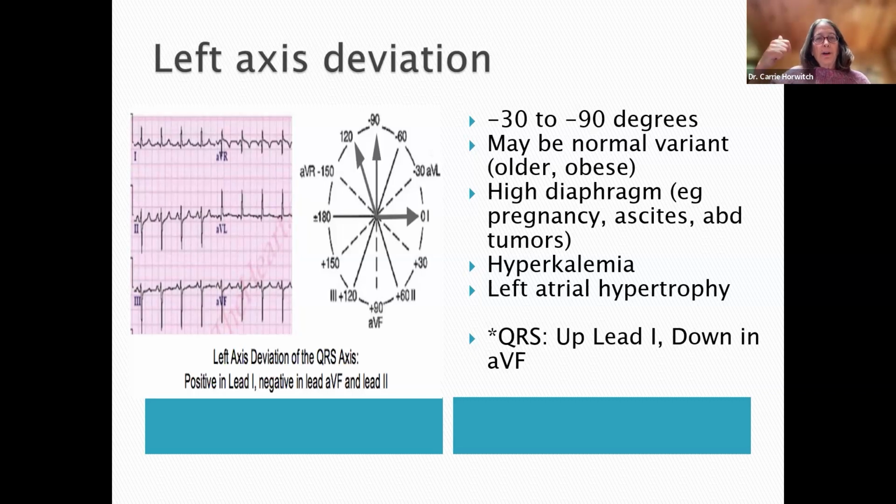Here you're up in lead 1 and down in AVF. So it's either two thumbs up for normal, down in 1 and up in AVF, that's right, or up in 1 and down in AVF, that's left. Normal, right, or left.